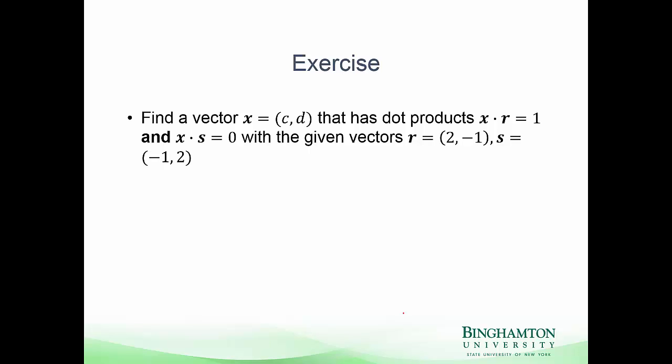So here's a little exercise. Suppose I have some arbitrary vector, CD, and I've been told that if I take an inner product of that with some vector R that looks like this, I get the number 1. Aha. And, well, we don't know that these are normalized, so we can't really say that that says anything about them being aligned. But we know that X inner product with S equal to 0 tells us that X has to be orthogonal to S. So what C and D values do we have here?